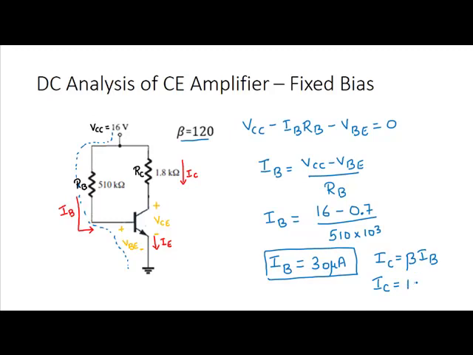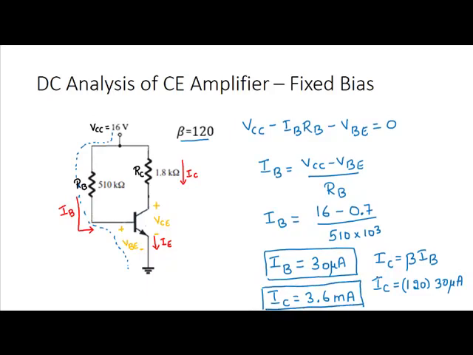It is 120 times 30 microampere. So this gives me the value for IC as 3.6 milliampere. So IC is also found out.